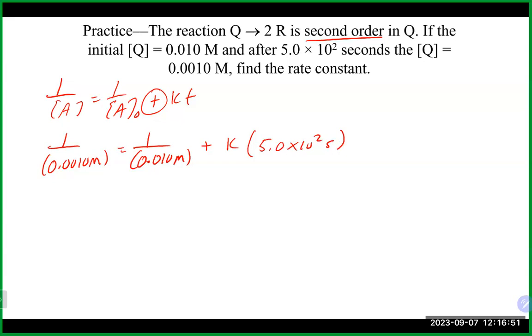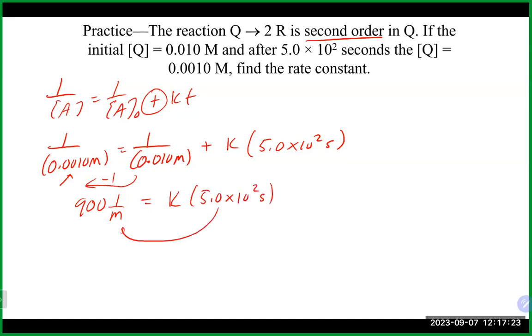So I'm going to do 1 over this number and then take this to the other side and subtract it. 1 divided by 0.001 minus 1 divided by 0.01 gives me 900. Units would be 1 over molarity at that point, equal to k times our 500.